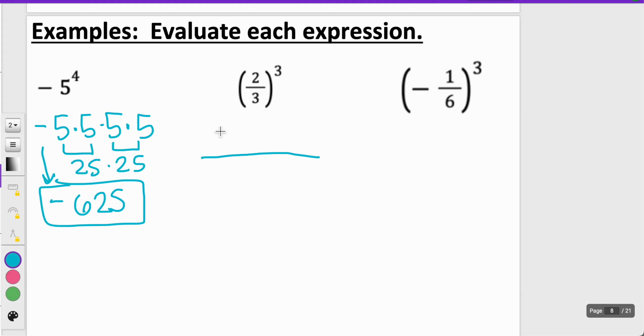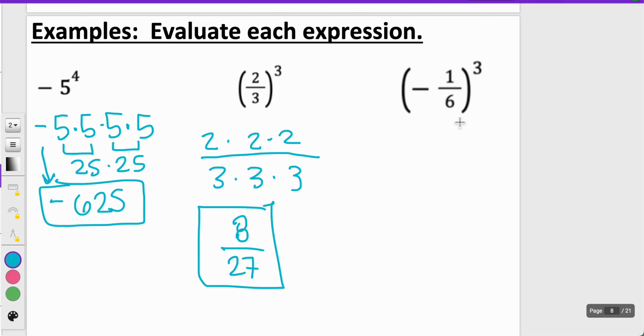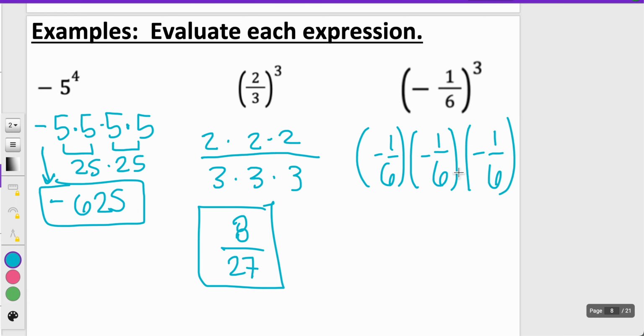So what we could do is take 2 times 2 times 2 on the top, and 3 times 3 times 3 on the bottom. We're going to get 8/27. And then our last one here, again, -1/6 is in parentheses, so I should see -1/6 3 exact times. -1 times -1 times -1 is -1, and then 6 times 6 times 6 is 216.